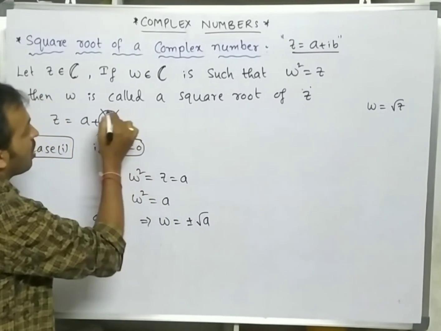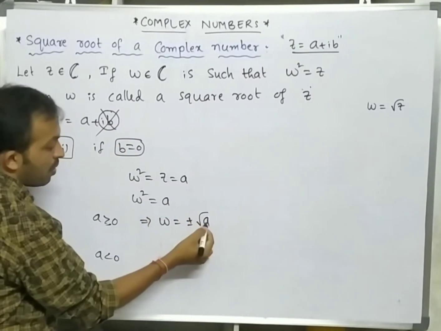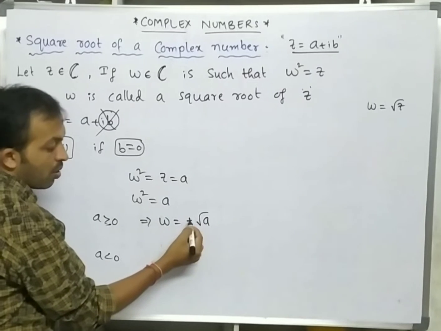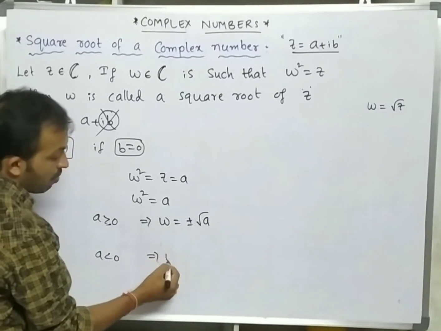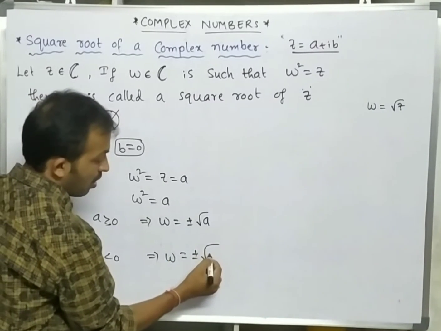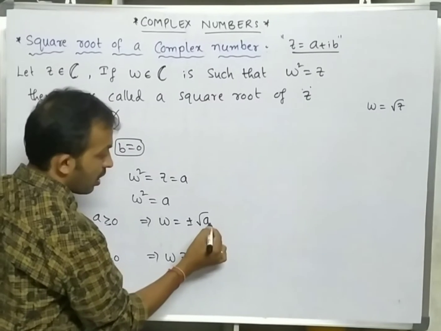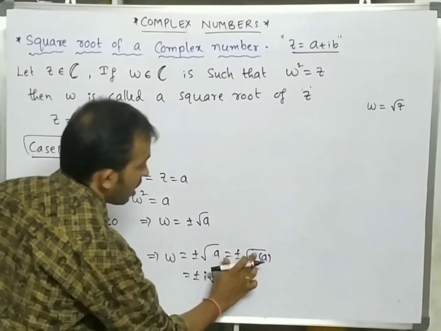In this one a is a real number, b is a real number. If a is a positive real number, then w is equal to plus or minus square root of a.